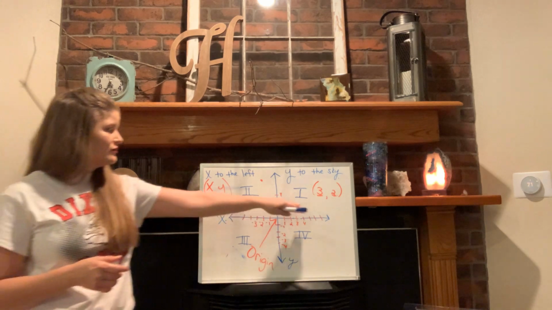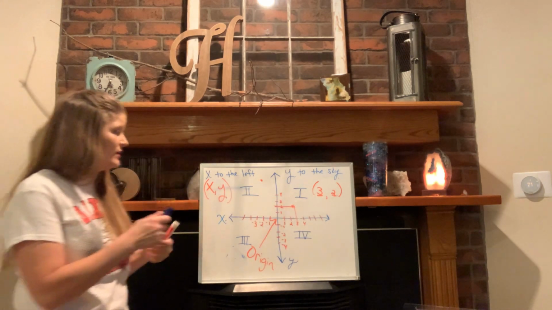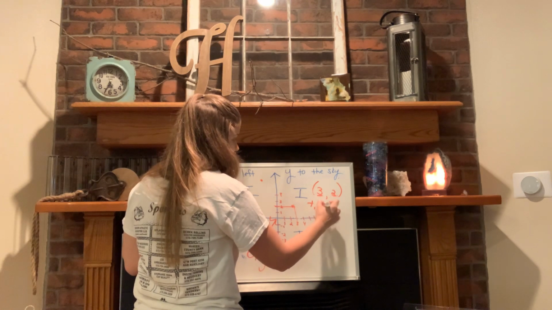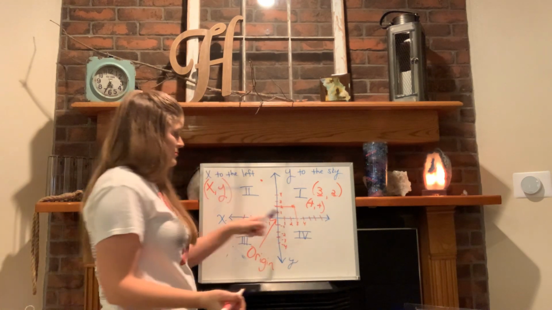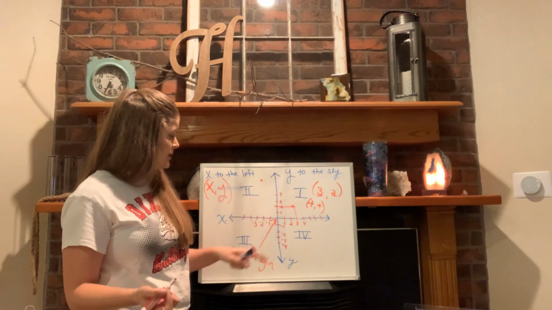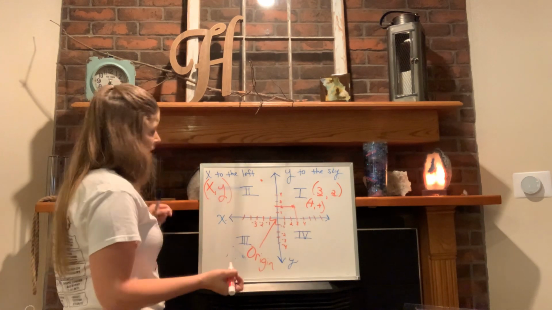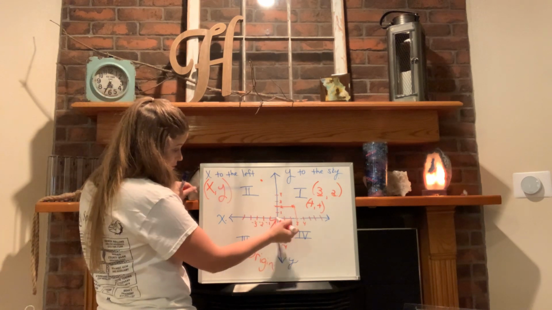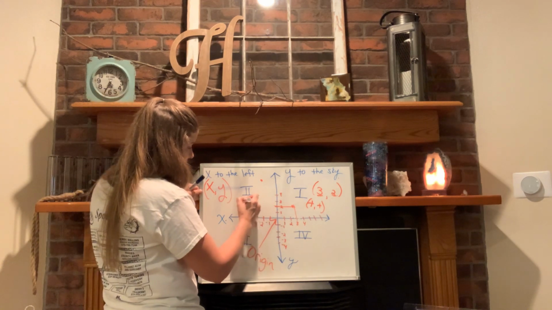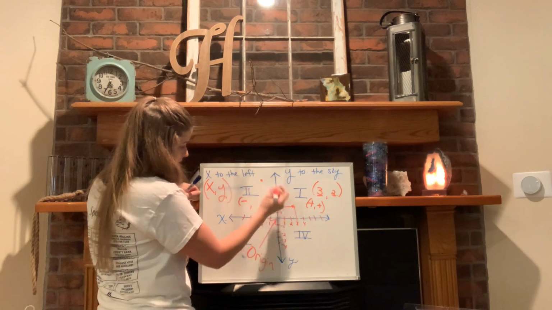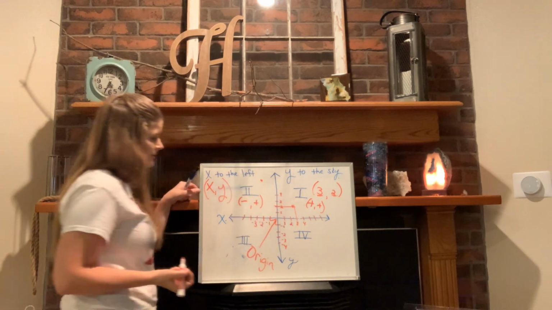Anything you have in your first quadrant is always going to give you a positive. You'll have a positive number and a positive number because you can't have a negative in this quadrant. In your second quadrant, your x, which is to the left, is always going to be negative. Your y, if it's in this quadrant, is going to be positive.